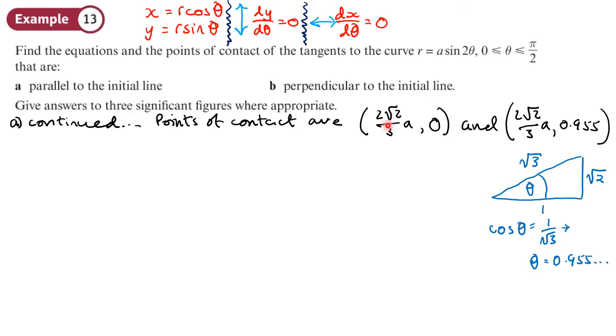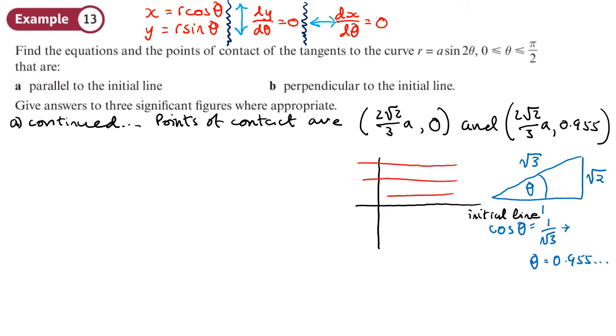Now, if I look at the first bit here, and I want to work out what the equation of this tangent is. Now remember, all of these tangents are parallel to the initial line. So if I was to draw a little sketch like this, here's my initial line. These tangents are going to be somewhere that's parallel to them.